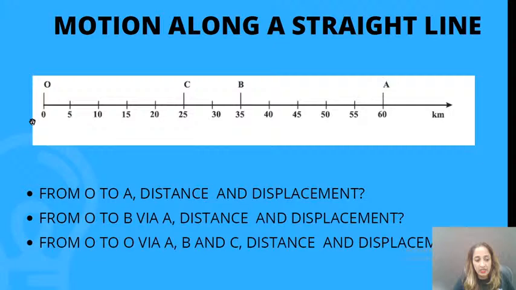Then it started covering distance, 0 to 5 kilometers, then reached 25 kilometers, then 35 kilometers, which is point B, and then point A at 60 kilometers, right? This is because that object is moving in reference to this point of origin. So that means the object has covered some distance in reference to this point.